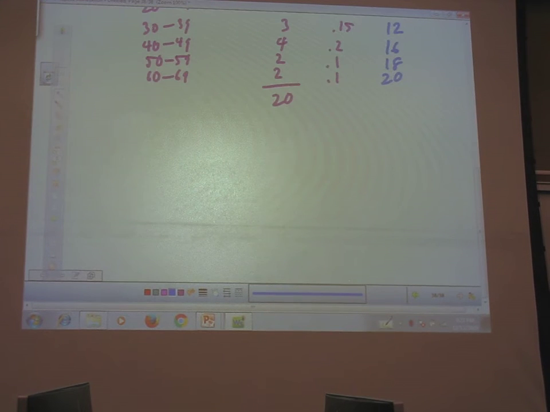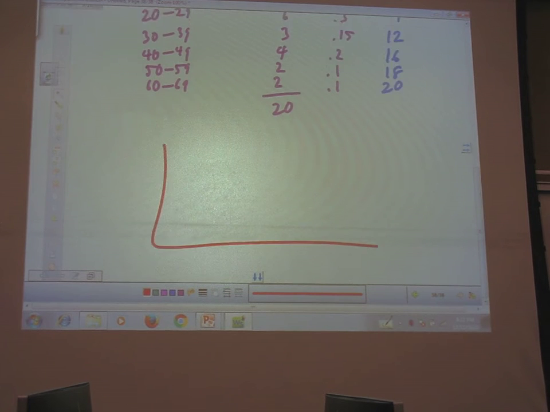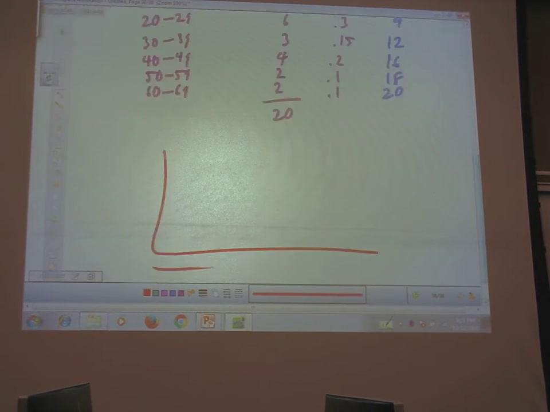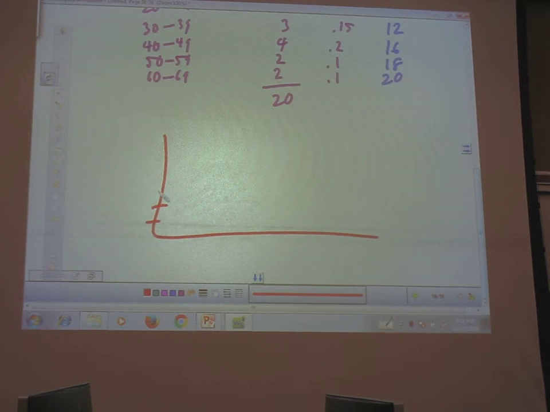Histogram. Frequencies go along the side. What's the highest my frequency gets to? 6. So 1, 2, 3, 4, 5, 6. Could you have done a relative frequency instead? Yes, that's fine. They look the same, only the numbers along here would be different.